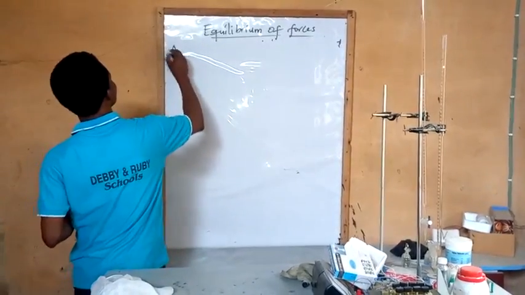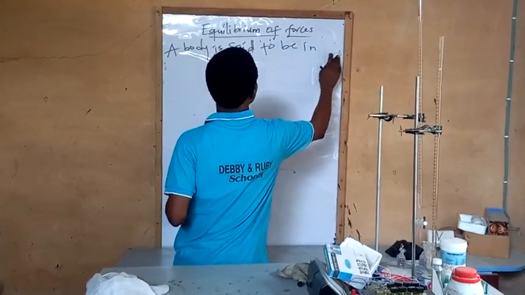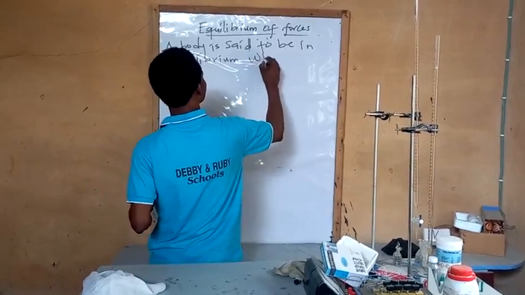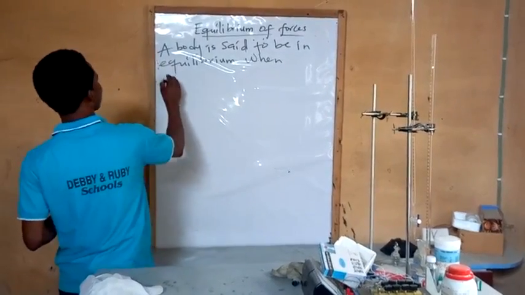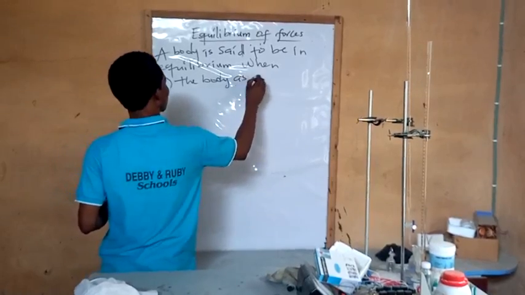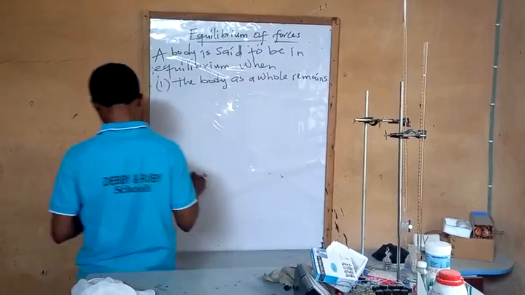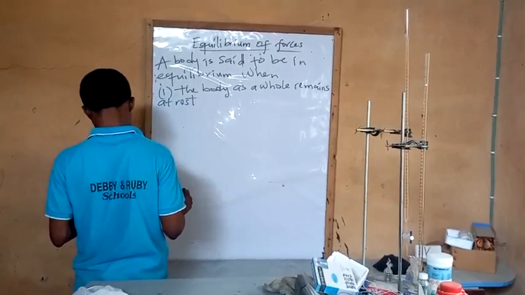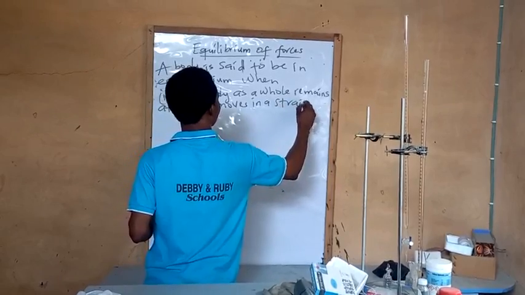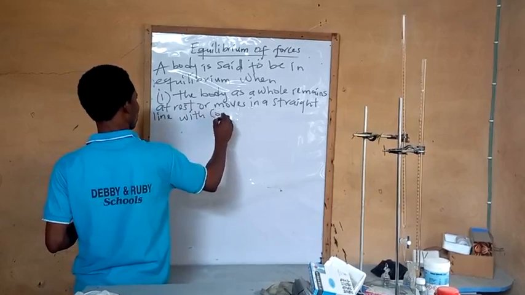A body is said to be in equilibrium when, number one, the body remains at rest or moves in a straight line with constant speed.